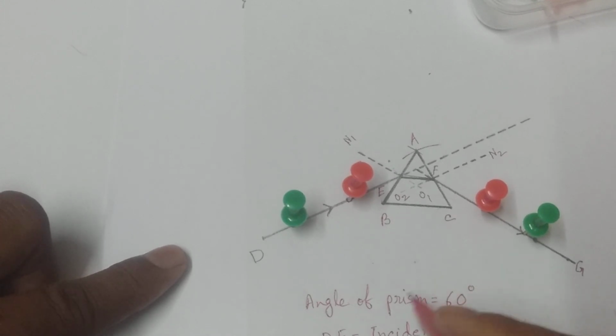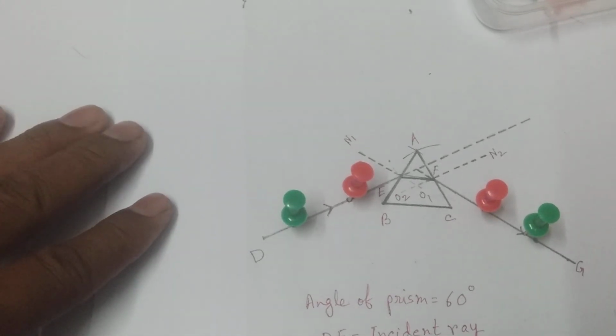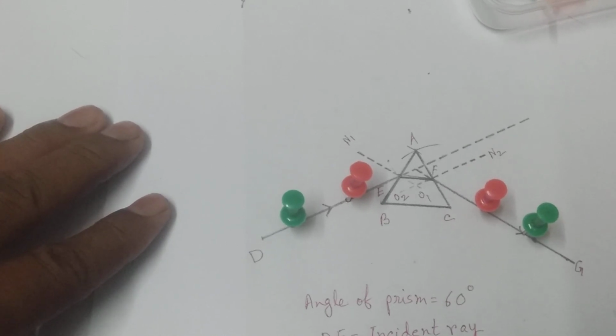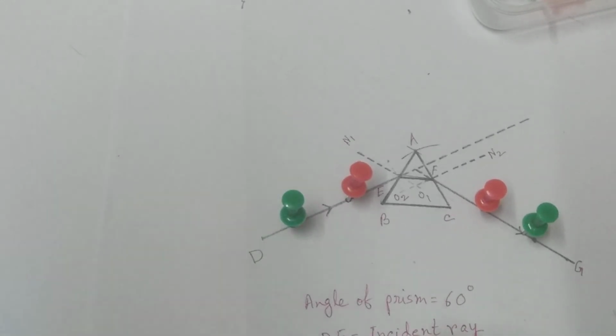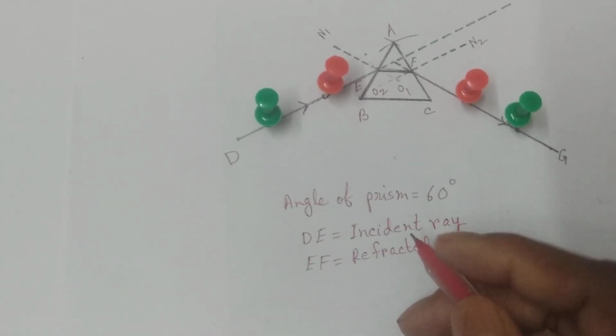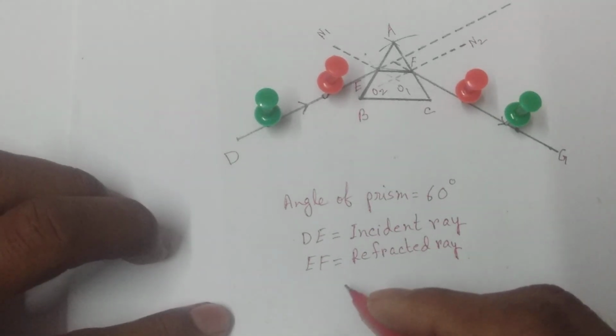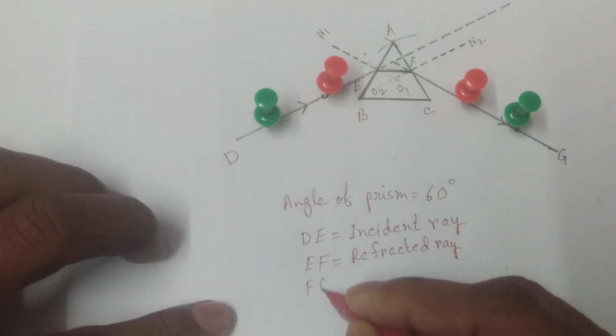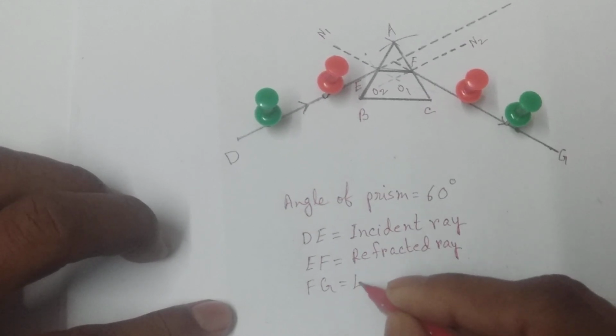And EF is equal to refracted ray. And FG is equal to emergent ray.